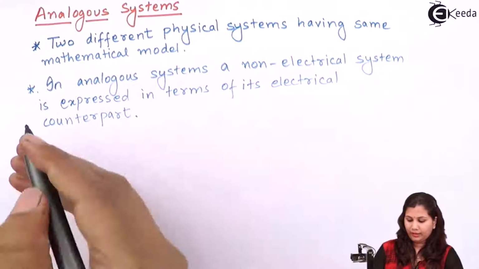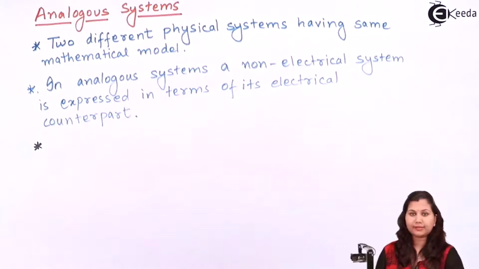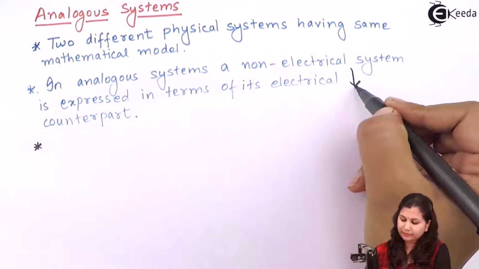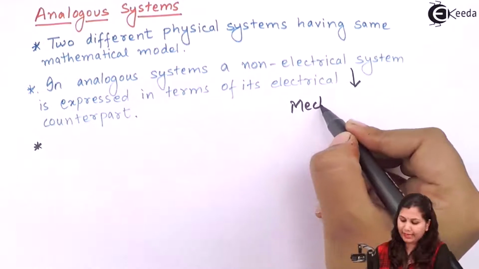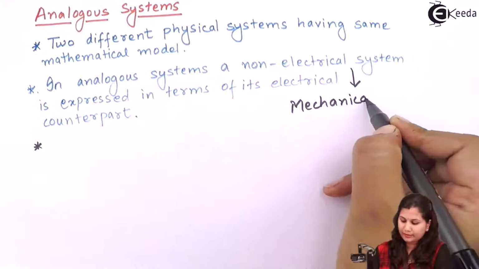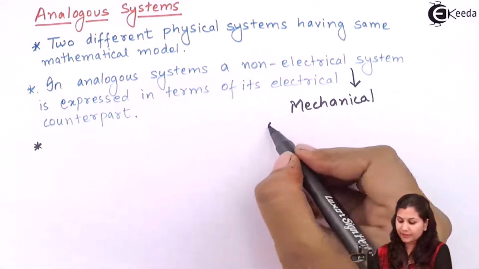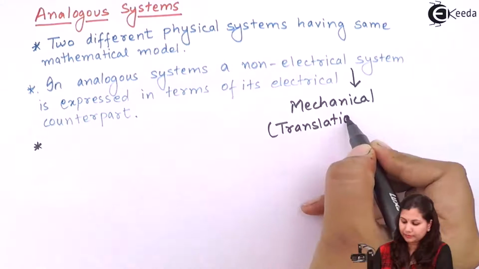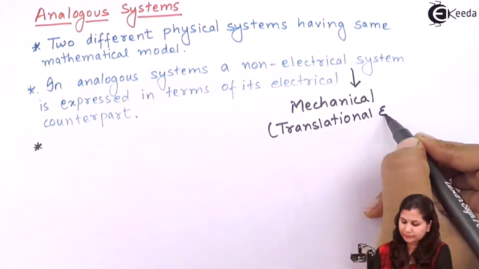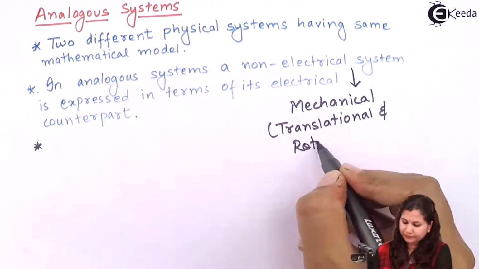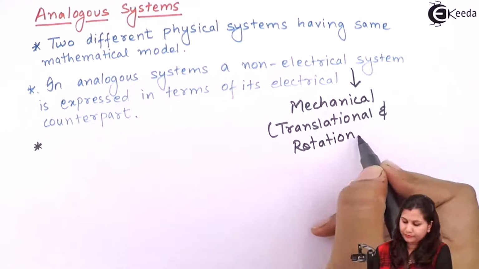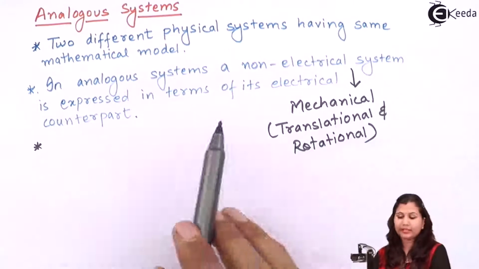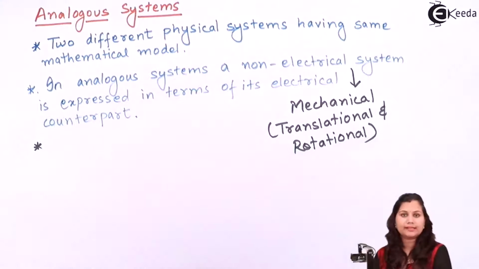So here in analogous systems, we will represent a non-electrical system. Non-electrical system will be a mechanical system. As we know, the mechanical systems are of two types, translational and rotational. So we will represent the mechanical systems in terms of an electrical system.